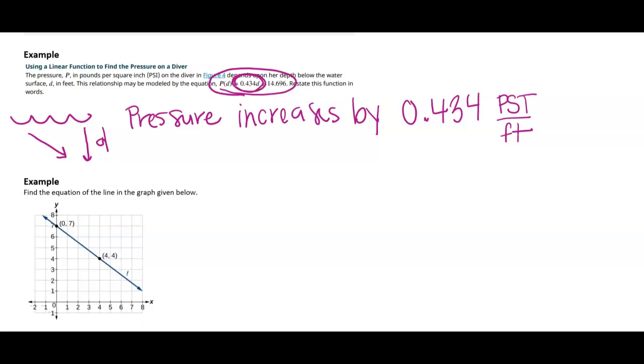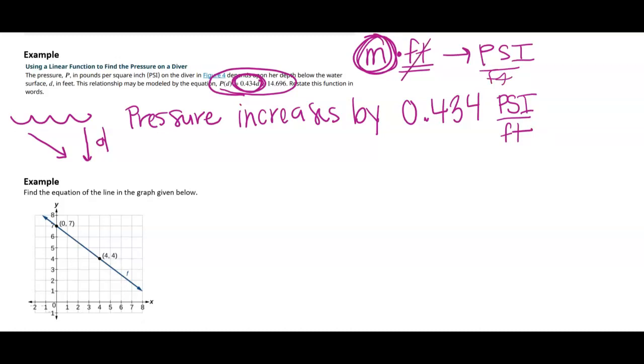because in my equation right here, I'm going to multiply m, that slope, by the number of feet, and the result that I need is PSI, which means slope must be in PSI per foot.